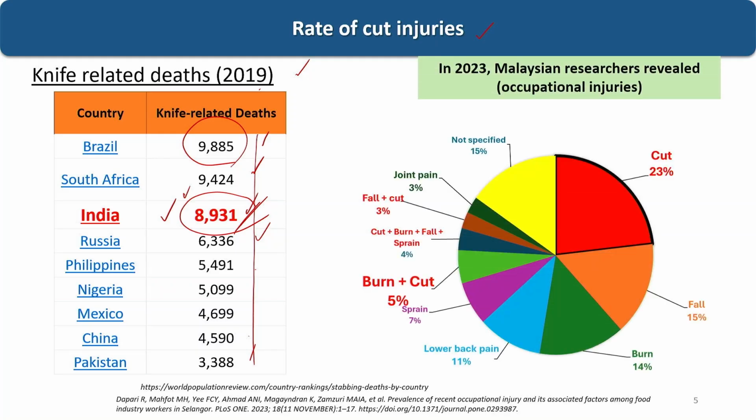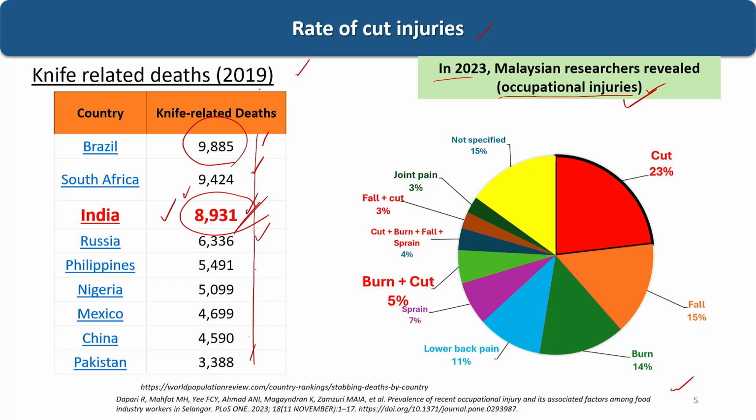Now, this is the data from 2023, a Malaysian research on occupational injury; the source reference is given. This is only occupational, while working in the industry or maybe even at home.